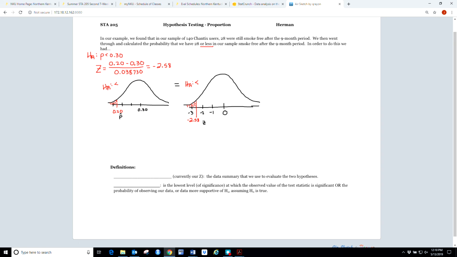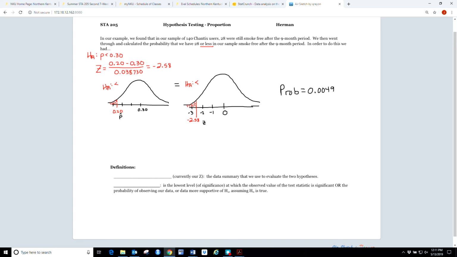We also found a probability by utilizing our z table and got our probability of 0.0049. So first realize all the numbers I've put here are the exact same ones that we had previously. Now I'm just going to give these some new names.